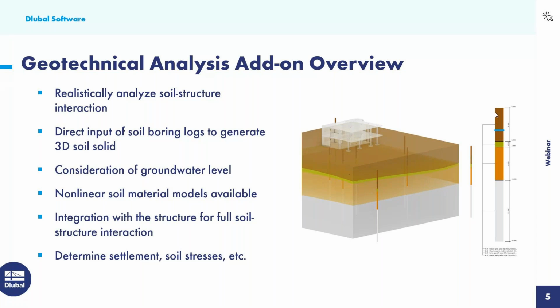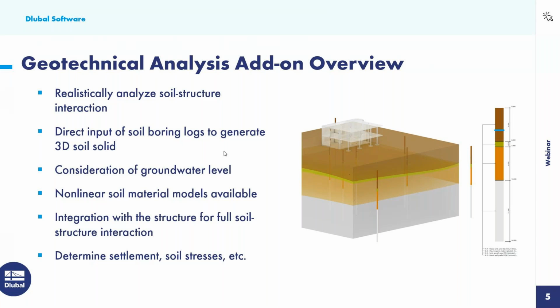We have the ability to generate the 3D soil solid, as we see over here on the right-hand side, shown below the structure. We also can consider the groundwater level within the soil solid, and we have several nonlinear soil material models available that we'll go through in more detail on the next slides.